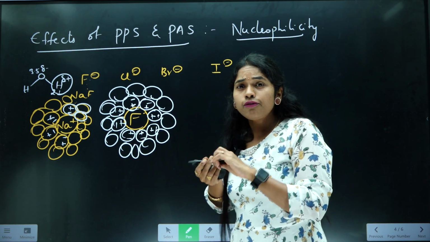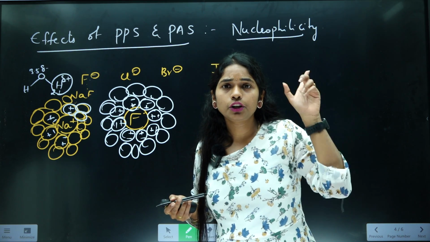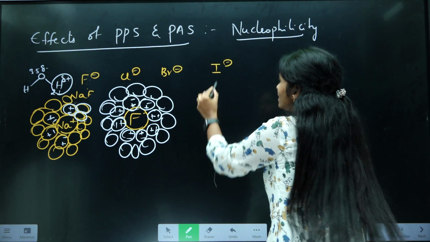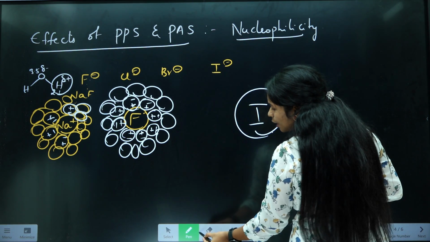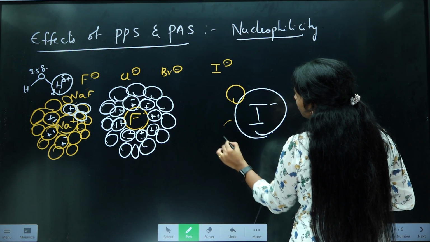Fluorine is small in size. From top to bottom, fluorine, chlorine, bromine, iodine, size increases. This iodide ion is of bigger size, so it is surrounded by fewer water molecules.